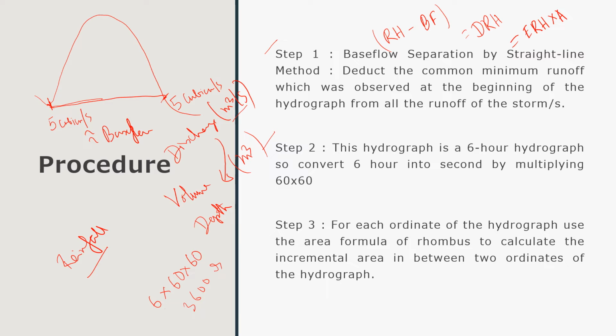Now another issue I have to discuss here. As per the straight line method of base flow separation, we can assume or approximate the position of the ending point of a hydrograph. That means the point at which this runoff hydrograph is ending.